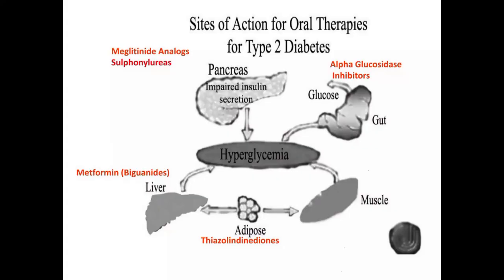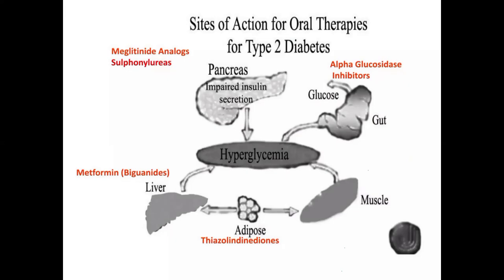Meglitinide analogs, that is sulfonylurea, act on the pancreas. Alpha glucosidase inhibitors act on the gut area. Then thiazolidinediones act on the adipose or muscle area. Then metformin, biguanides, act on the liver.